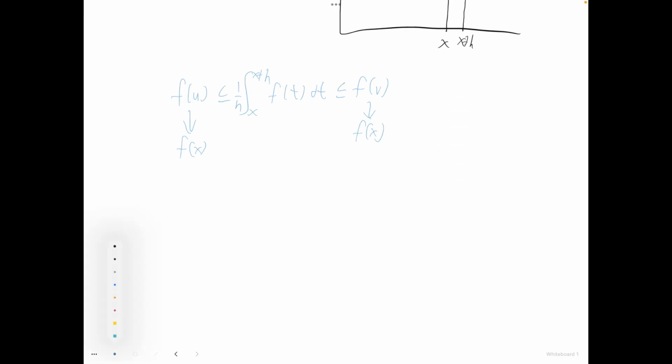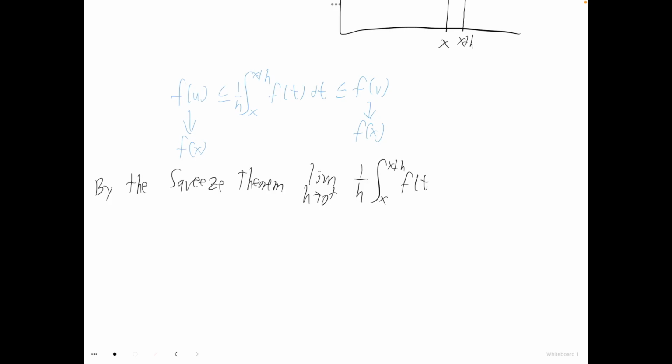And so by a theorem that you very well might have forgotten exists, the squeeze theorem, the limit as h goes to 0 from the right of 1 over h times the integral from x to x plus h of f of t dt must equal f of x. Okay, so the limit from the right, by the squeeze theorem, has to be f of x.